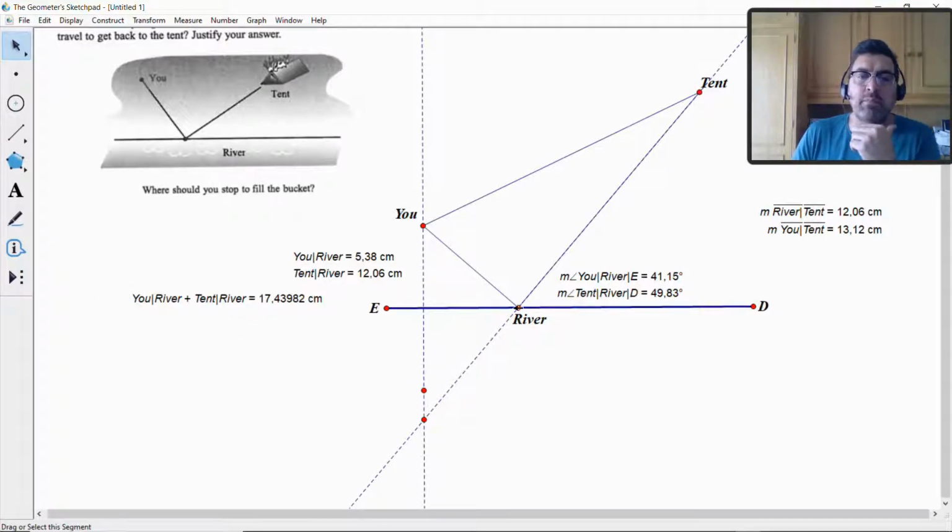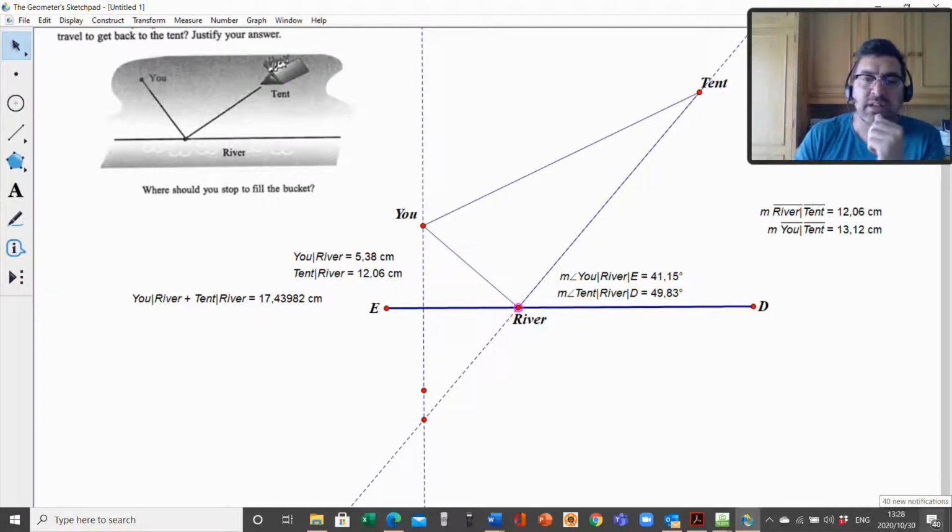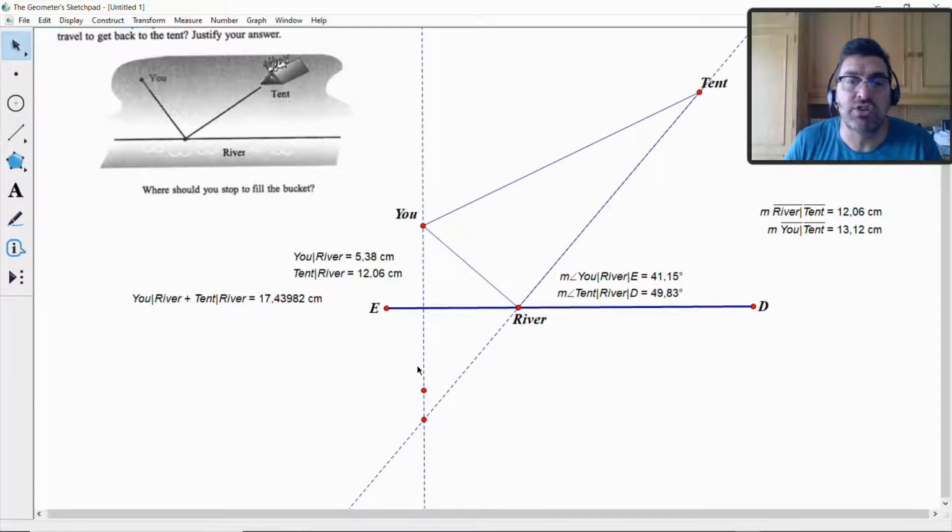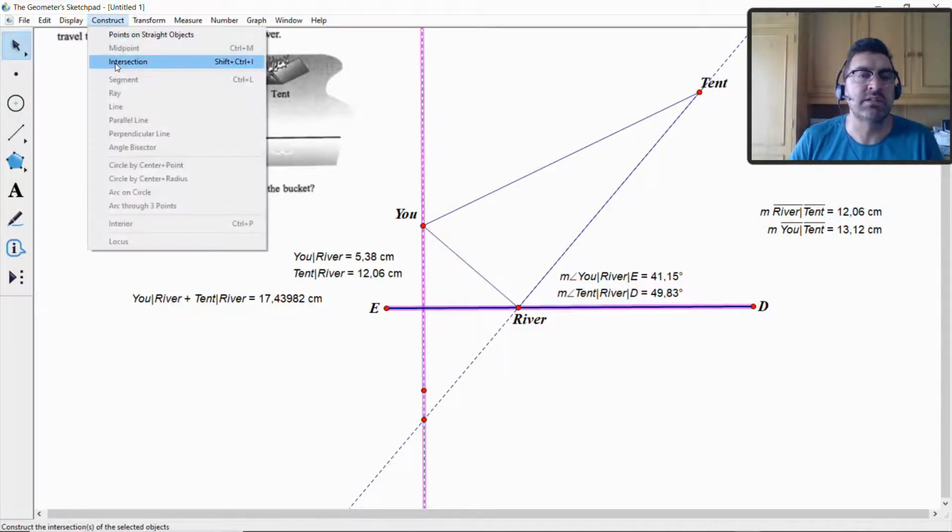If I now move along the river, okay, so I want to also measure this distance from there to the line segment here. So I'm going to tell it to, oopsie, let me just find that there and this here and construct the intersection point.